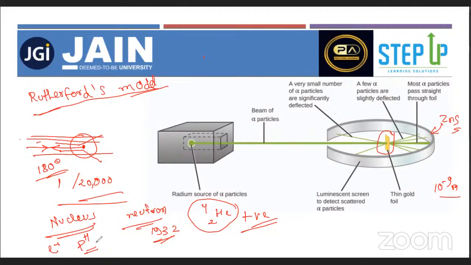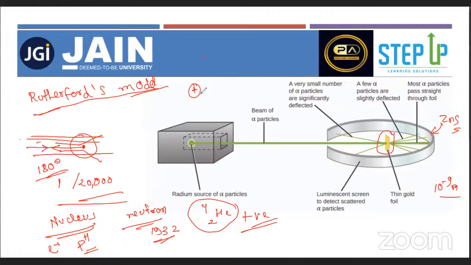But when they compared the mass, there was still some shortage. Later, after the discovery by James Chadwick, he said there is something present in the nucleus which is chargeless, which doesn't have any charge. It has a mass almost equivalent to the proton.